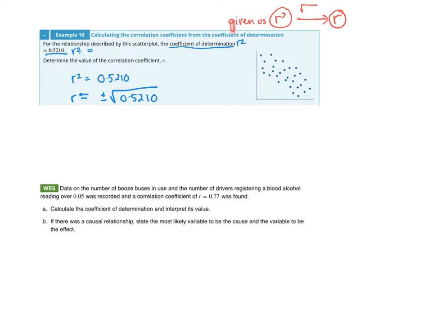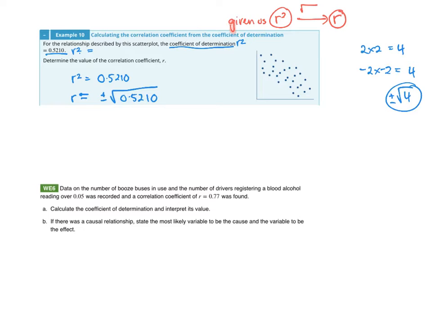Because if you think about it, if I say 2 times 2, do you get 4? What about negative 2 times negative 2? What does that answer give? 4. So when you say the square root of 4, you really don't know what it originally was, whether it was plus or minus, do you?